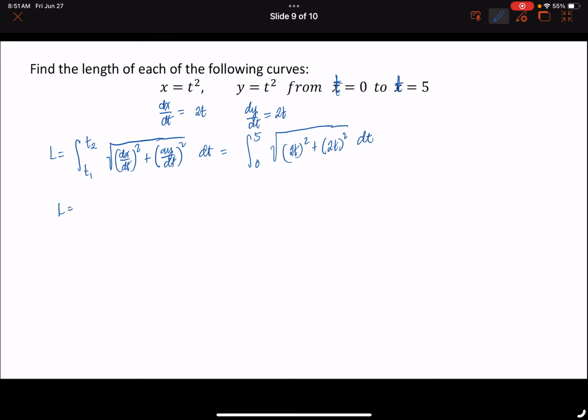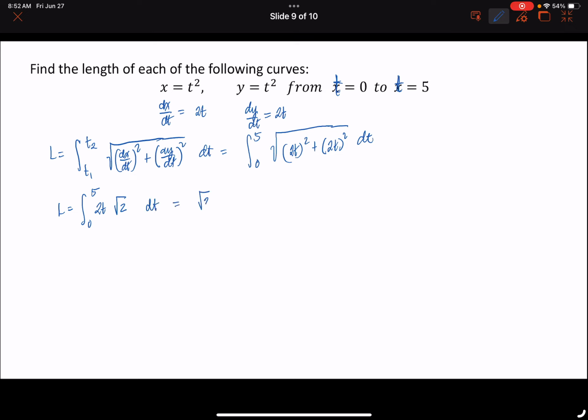So this is 4t squared plus 4t squared. So that's 8t squared. So 8 is 2 square root of 2. Square root of t squared is t. From 0 to 5 dt.